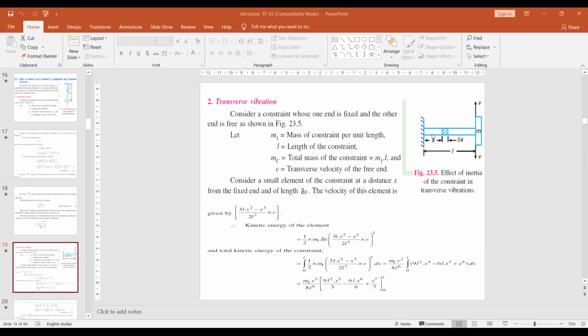We may compare both the values: small v by x equals the slope value. So the total slope is 3l x square minus x cube by 2l cube, into v. So that is the slope of the cantilever beam when we arrange it this way.